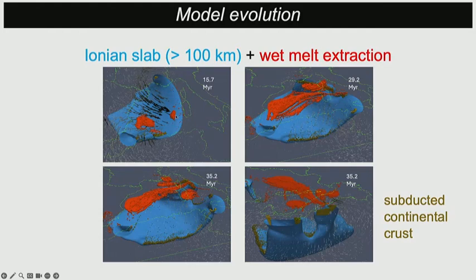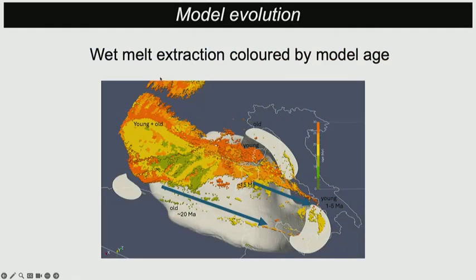These are due to the upwelling of the wet mantle transition zone. And if we look at the age of the extraction, this is model age: green means the start of the model, and orange means toward the end of the model.